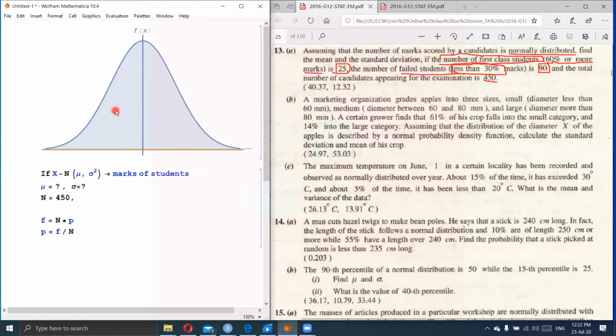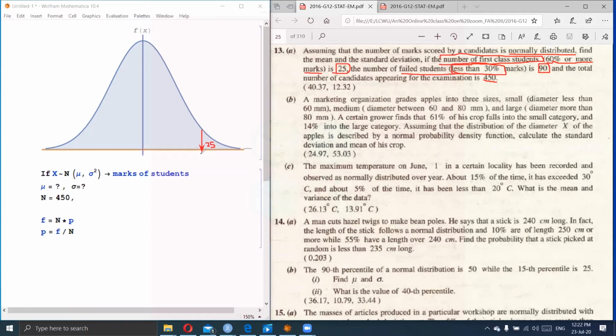This is our normal density curve. One point is at the right tail, because 60% and more students are only 25. So the count here is 25. So only 25 students are here. We can write here 25 students out of 450.